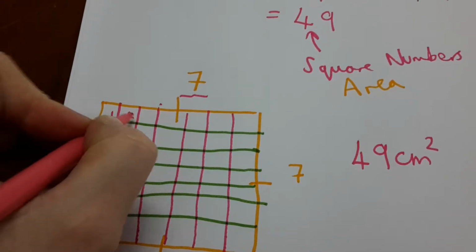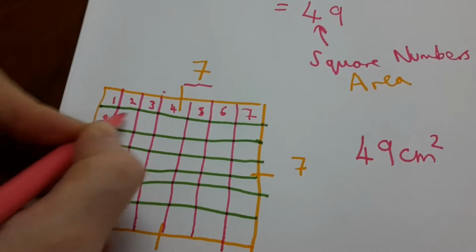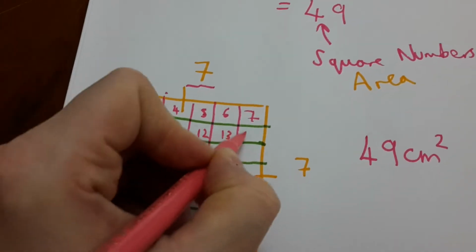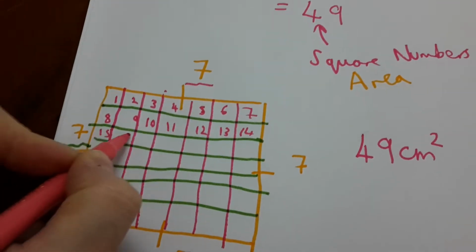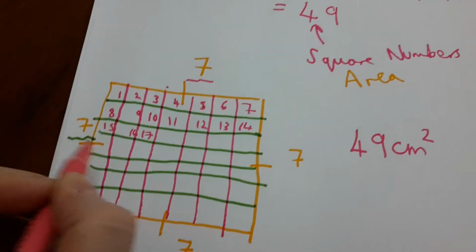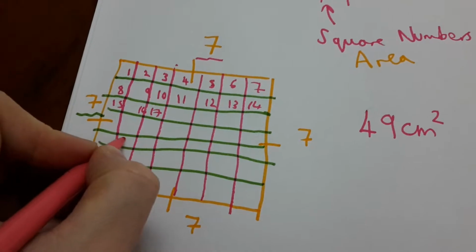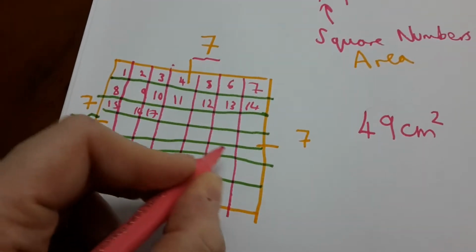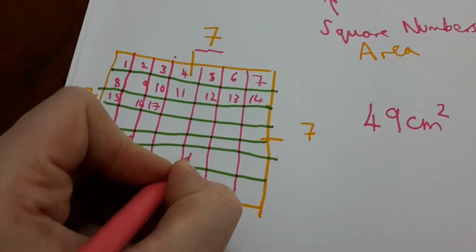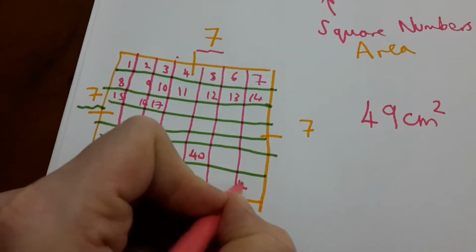So let's label them 1, 2, 3, 4, 5, 6, 7, 8, 9, 10, 11, 12, 13, 14, 15, 16, 17, 18, 19, 20, and so on, up to 49.